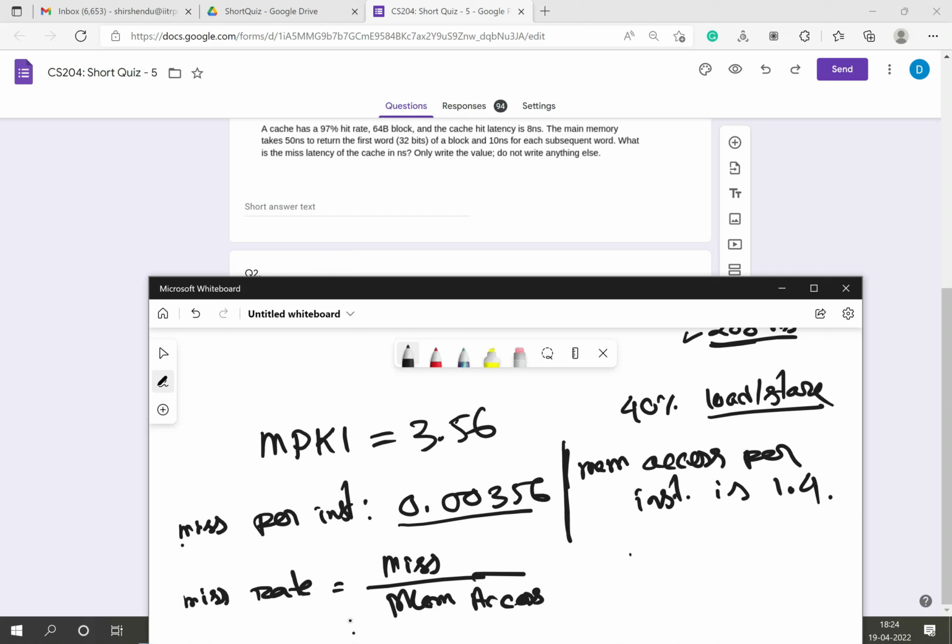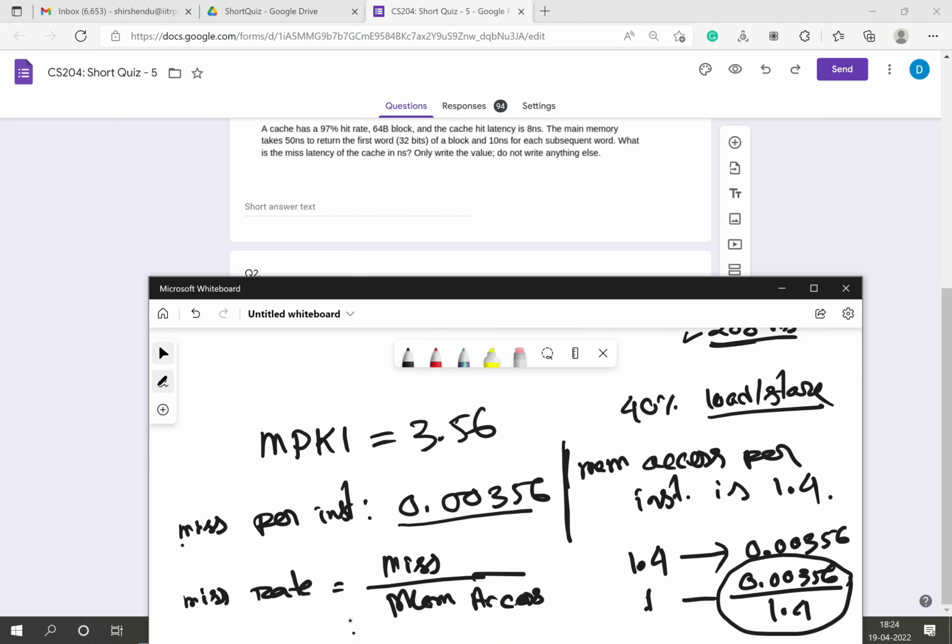So for every 1.4 memory accesses, the misses are 0.00356. For one memory access, the misses will be 0.00356 divided by 1.4. So this should be the miss rate.